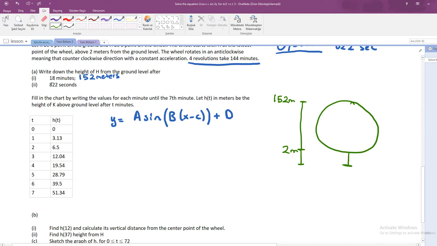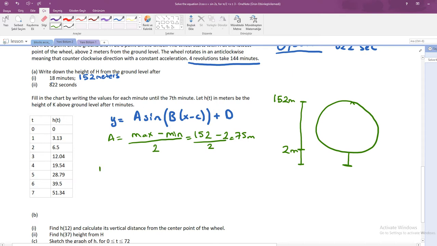So A equals our maximum height minus our minimum over 2, okay? So it equals 152 minus 2 over 2. That equals 75 meters, okay?